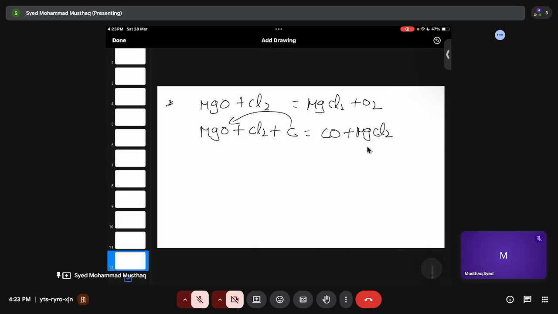Now let's move on to how you get titanium. Titanium is very important, so let's move on to the titanium part. Production or purification of titanium.